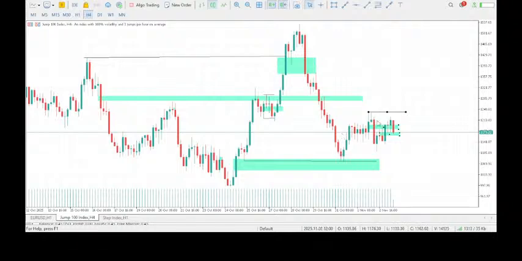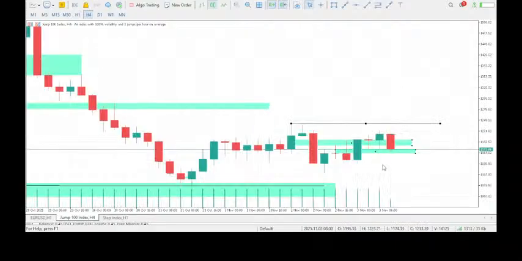You can see that in 1 hour, we also have this order block that we can respect right now. You see, it was being respected here as we closed down, and then we closed up, we came up.